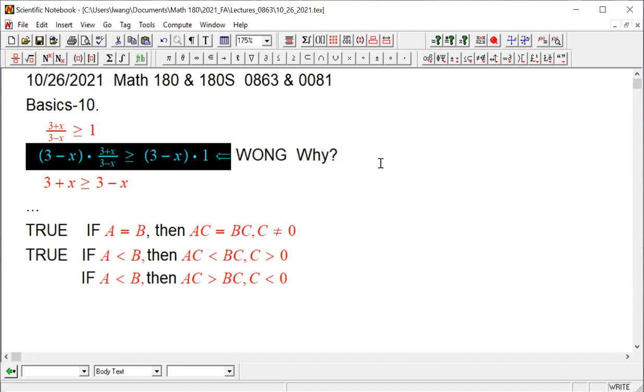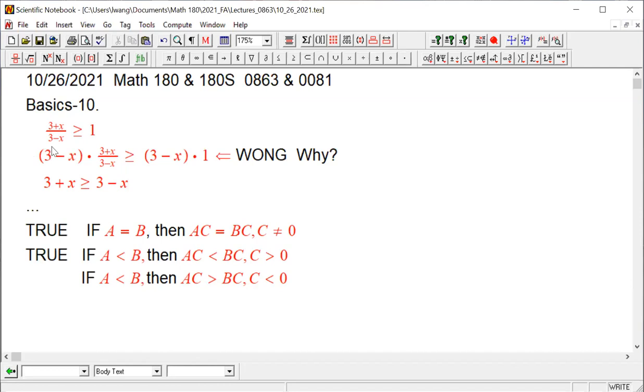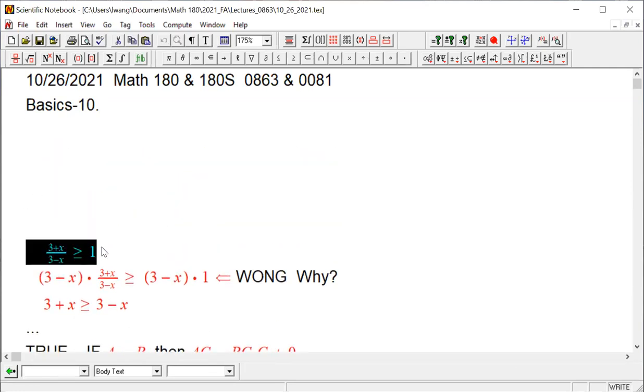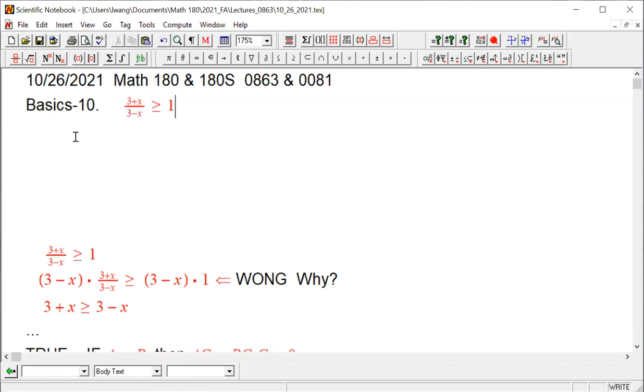All right? So now, after we point out this mistake, never ever do that. So what do you do to solve this inequality? Make 0 first. Does that sound familiar?